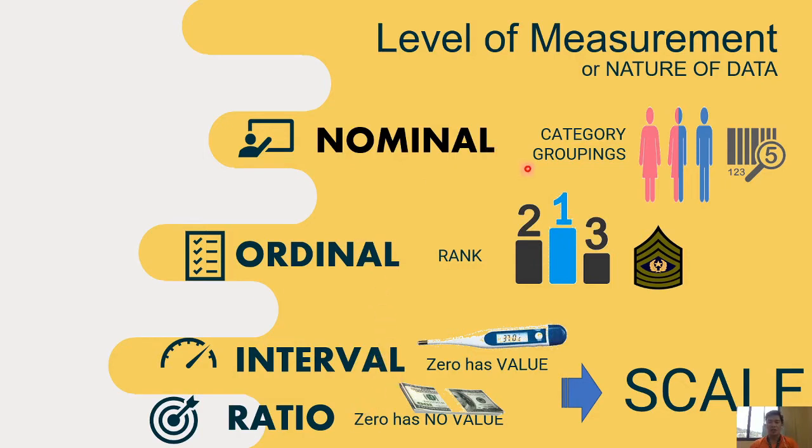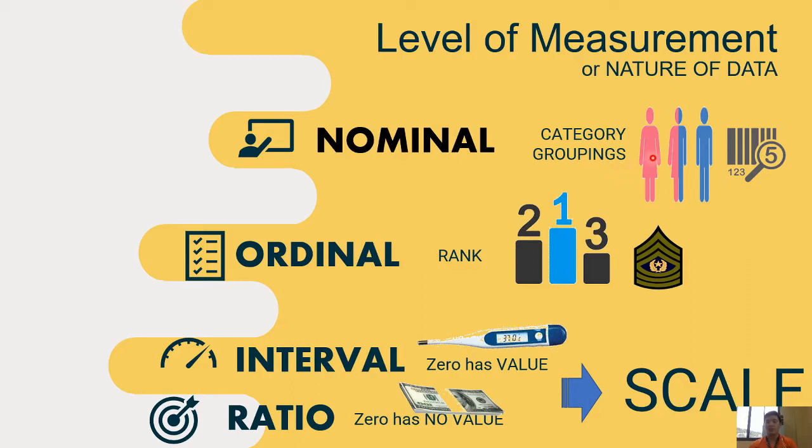Nominal data refers to data that have categories or groupings, like for example, male and female. Also those in categories like religions, for example, Islam, Catholic, INC, and so on and so forth.